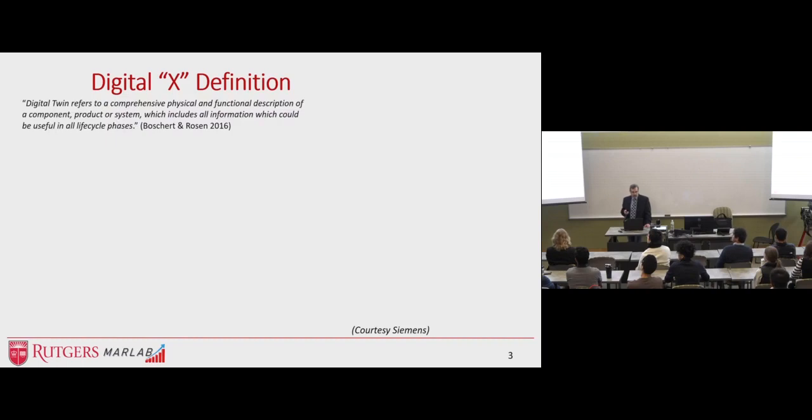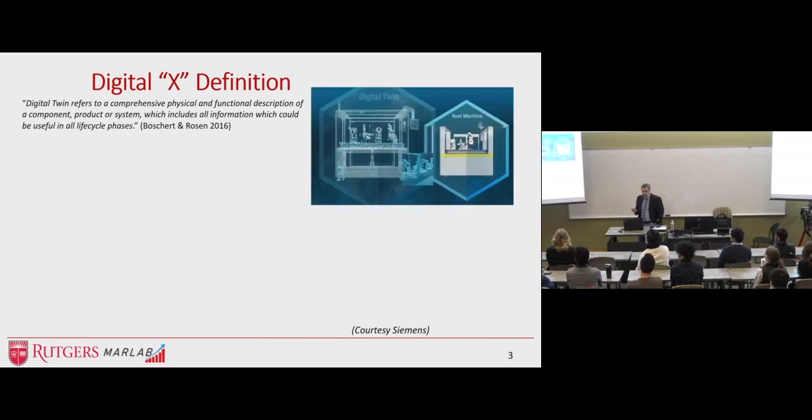So let's give some definitions. Digital twin is essentially a comprehensive physical and functional description of a component, product or a system, which includes all information which could be useful in all life cycle phases. And so again, digital twin is actually, through the digital transformation, taking a physical system in the paradigm.